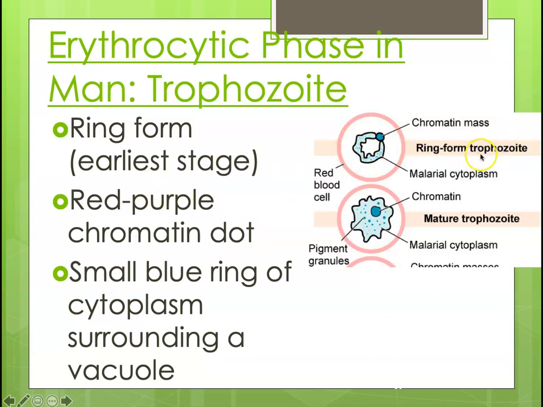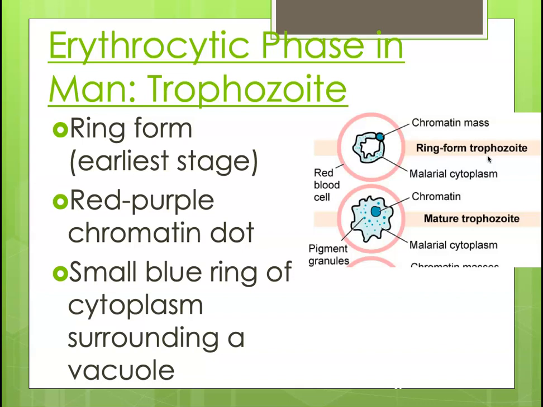I also want to mention that we've used this word trophozoite before with previous parasites. Remember, we had cysts and trophs for a lot of our amoebas, the flagellates, and our ciliate, and that was the motile feeding stage for those parasites.